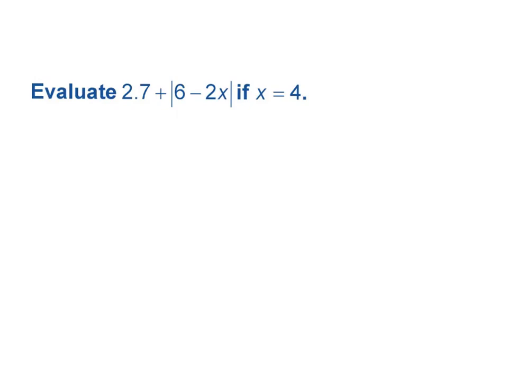So, the first thing I should do is substitute in for x, and x is 4. Now, I'm going to mention this again about the absolute value and parentheses. Now we've got to follow order of operations, okay? This is why I don't like PEMDAS, because there are no parentheses. Well, I put a parentheses here, and there's nothing to do inside there. But you have to do what's inside the absolute value first.